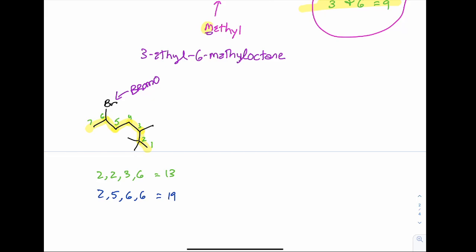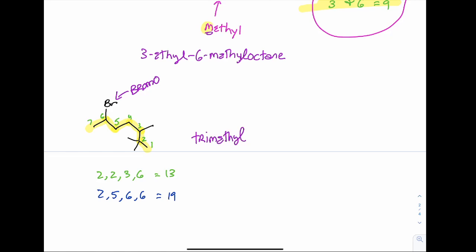So if it was a fluorine atom, it would be fluoro, right? Chlorine atom is chloro. This is on that little table on the first page of that handout. And then I actually have 3 methyl groups. On carbon 2, I have 2 methyl groups. And then on carbon 3, I also have a methyl group. So I actually have trimethyl.